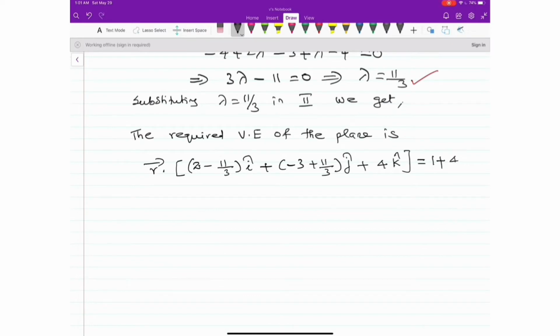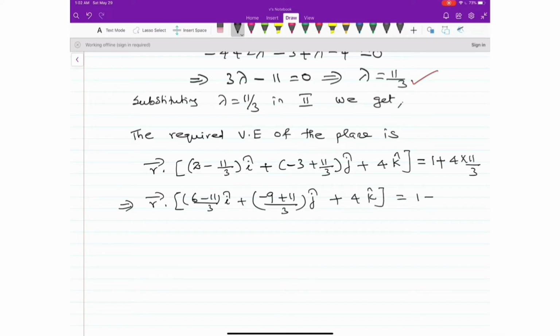So 4 into 11 by 3. When I simplify this, I will be getting, this implies vector r dot (6 minus 11 by 3) into i cap plus (minus 9 plus 11 by 3) into j cap plus 4 k cap is equal to 1 plus 44 by 3.